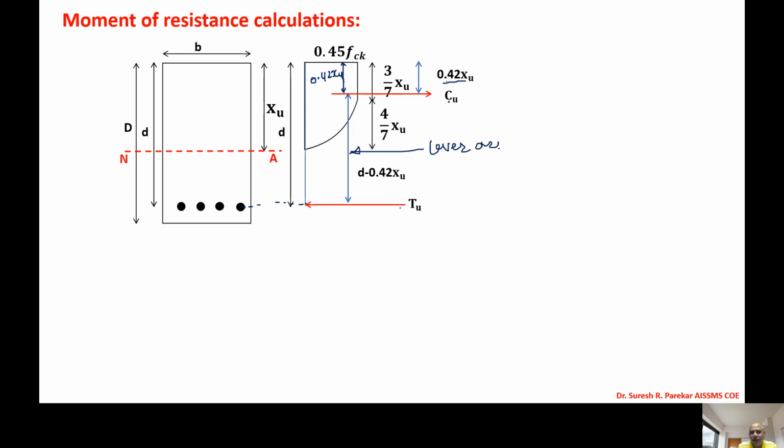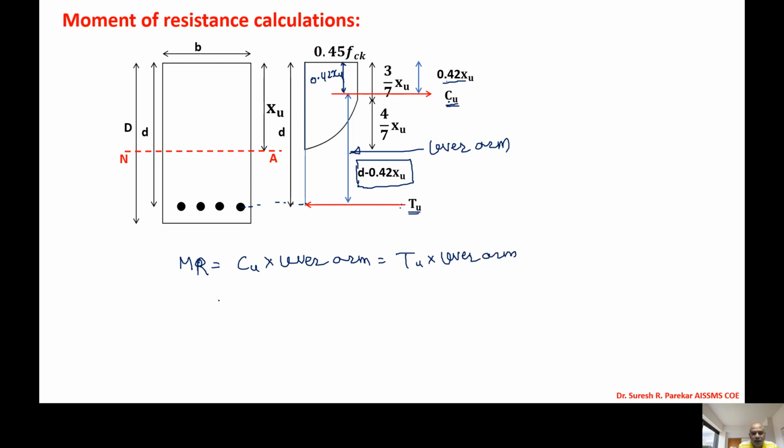The lever arm is d minus 0.42 Xu. These two, Cu and Tu, are parallel, equal in magnitude and opposite in direction, and form a couple which is known as the moment of resistance, that is Mr, which is equal to Cu into lever arm equal to Tu into lever arm.